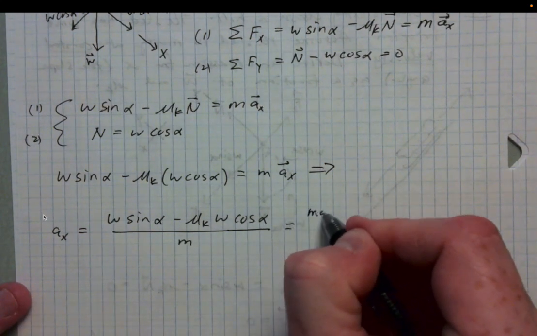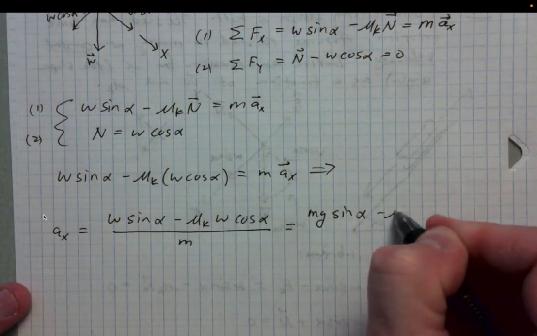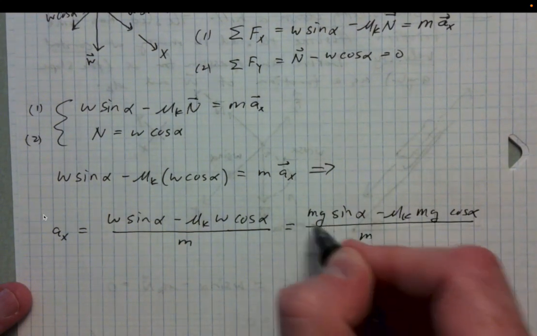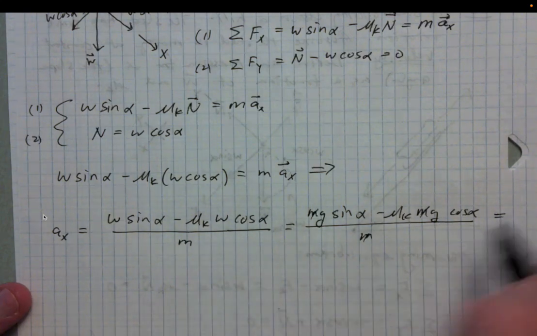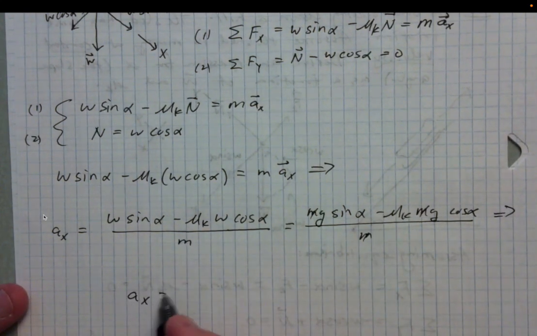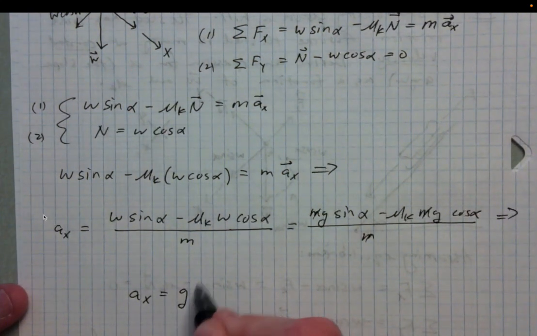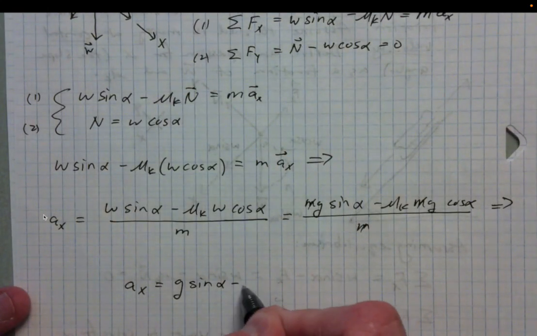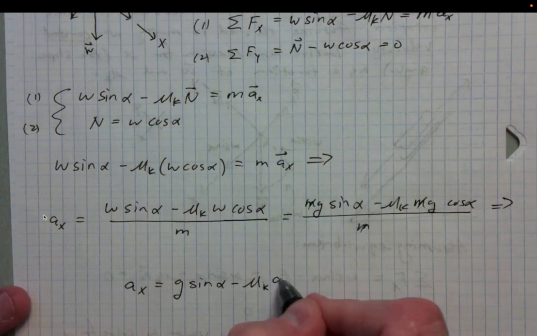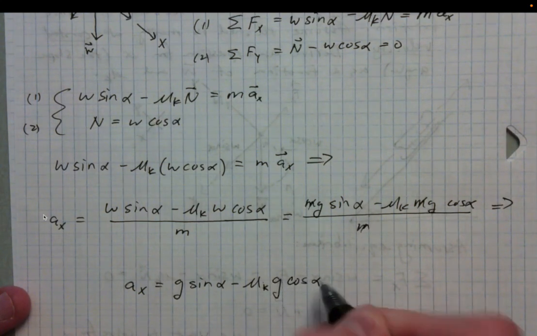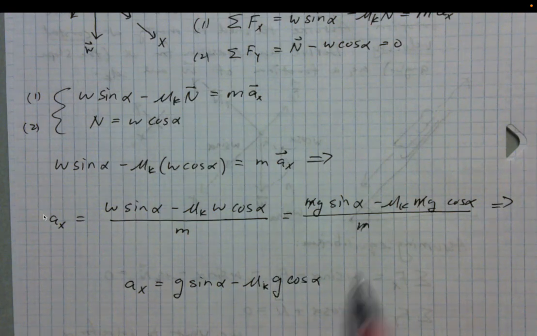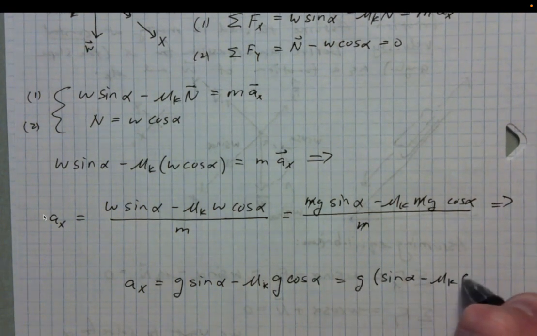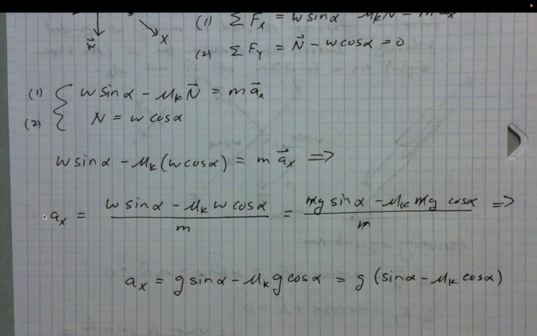And so this is mg sine alpha minus mu sub k mg cos alpha all over m, so the m's will all cancel out, right? And so we could say that a sub x is equal to g, gravitational acceleration, times sine of alpha minus mu sub k times cosine of alpha. Okay, I guess you could write it as g times the quantity sine alpha minus mu sub k cos alpha. I guess that's the simplest way to write it.